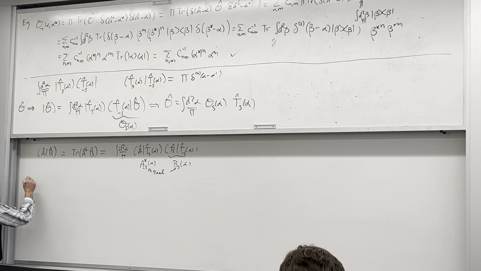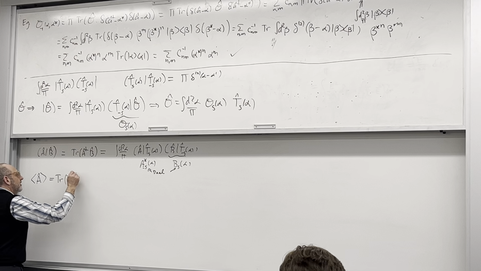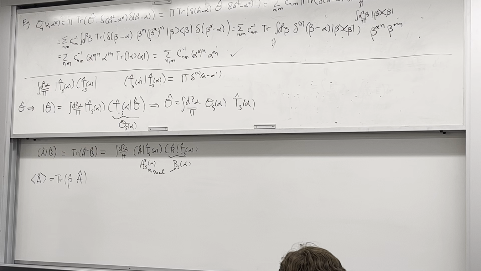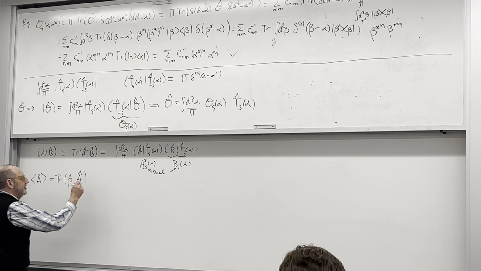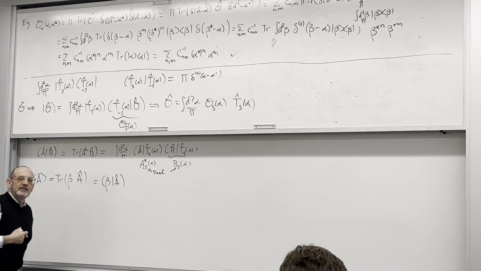Importantly, if I'm asking about the expectation value of some operator, that is the trace of rho with A, where rho is the state, which can be thought of in this notation like that.